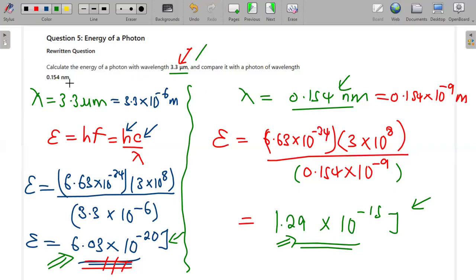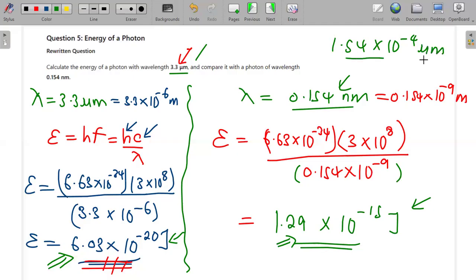So when you do that conversion, if you convert the 0.154 nanometers to micrometers, the answer that you're going to get is simply, what would be that now? The 0.154 nanometers is the same as 1.54 times 10 to the power minus 4 micrometers.